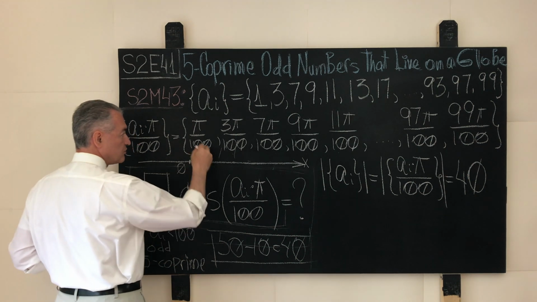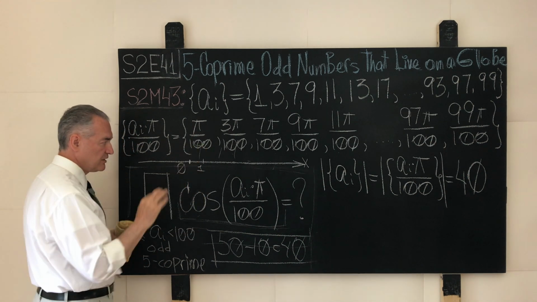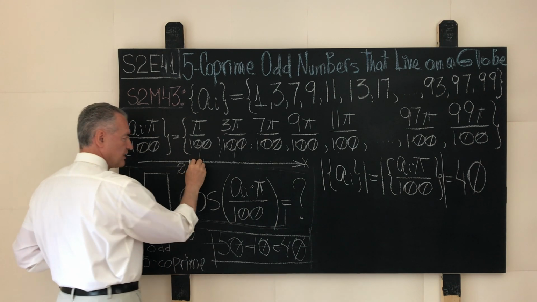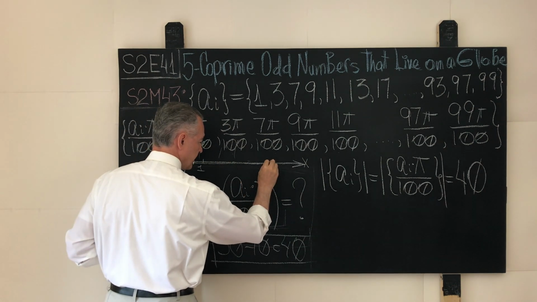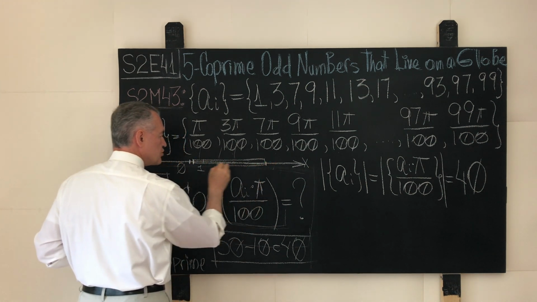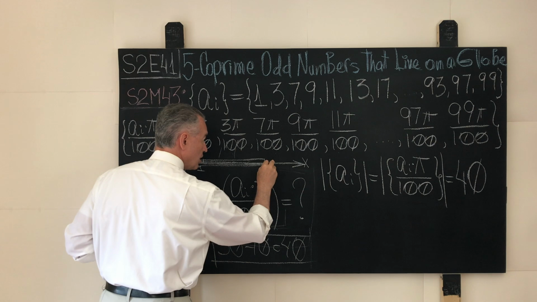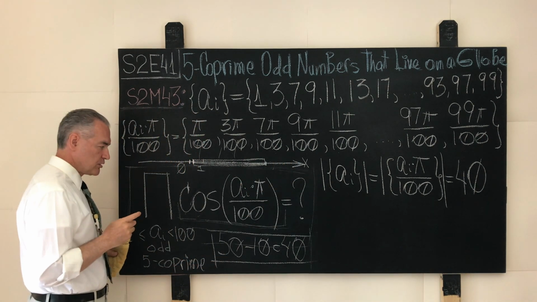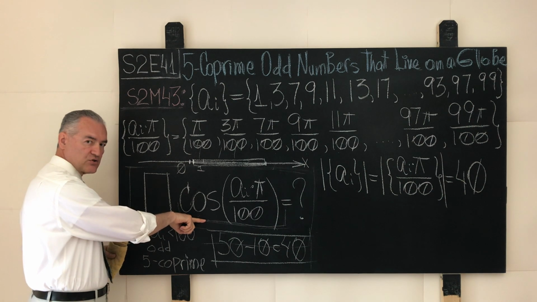A line segment, where pi over 100 is a number that is close to 0. Let's say somewhere over here it begins, and somewhere over here it ends. It doesn't really matter. This is our geometric interpretation of the numbers, each of which becomes the argument to the trigonometric function of cosine.